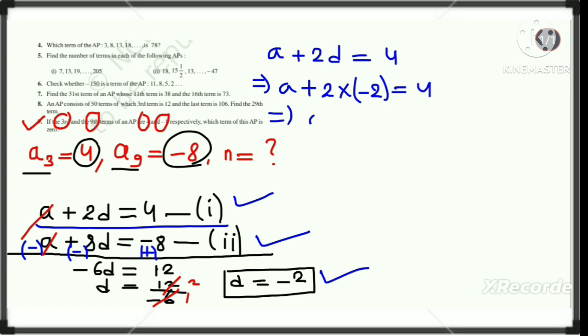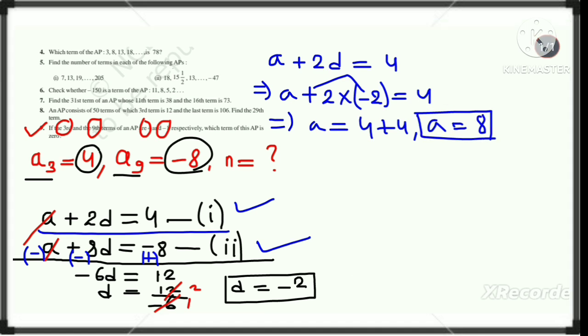Now a minus 4 equal to 4, and minus 4 goes to RHS and becomes plus 4. So here we can obtain a equal to 8. In this way, we have obtained the first term, that is a is 8.